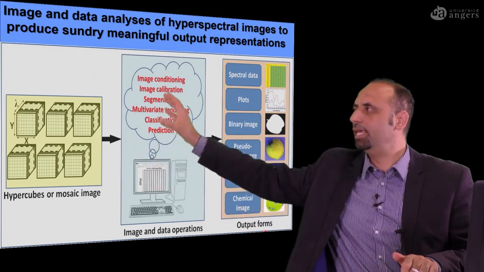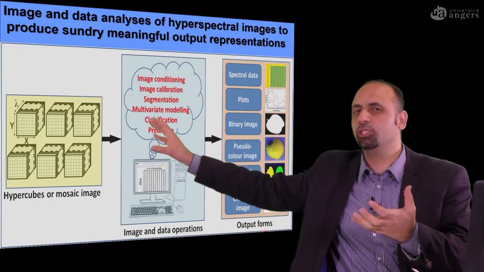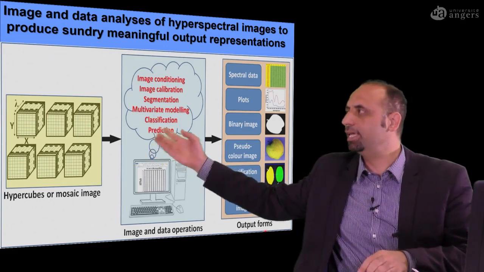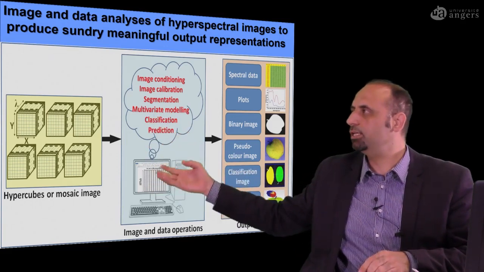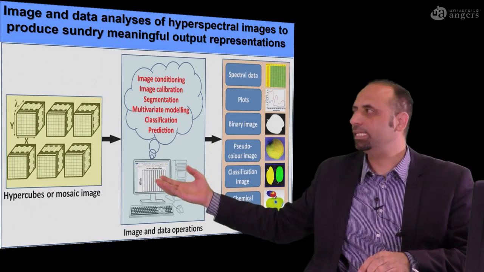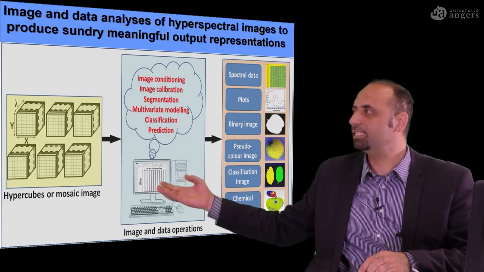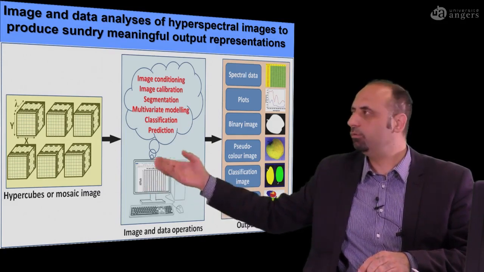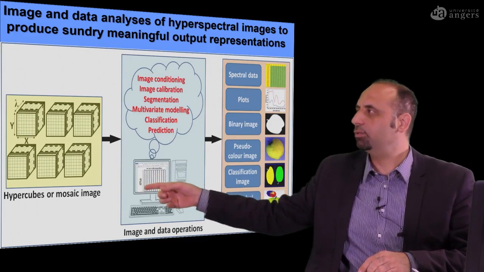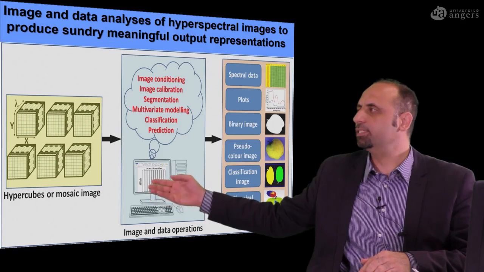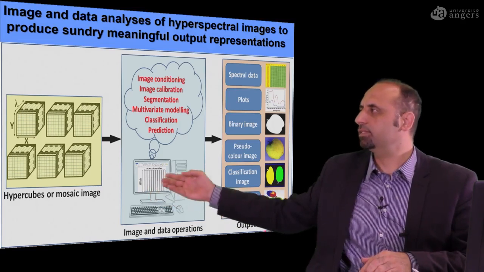You need to do image pre-processing, calibration, segmentation, develop multivariate modeling, and make classification and prediction. All of this should be carried out in the computer. And from the computer, you can represent the resulting data in different ways.